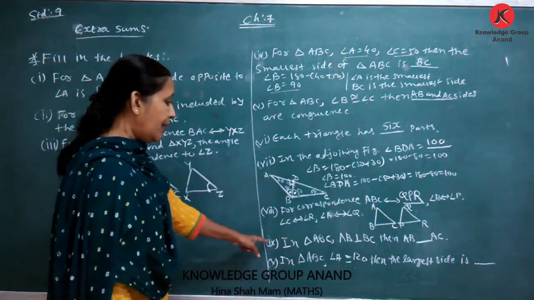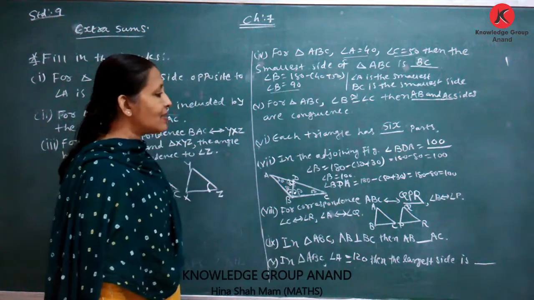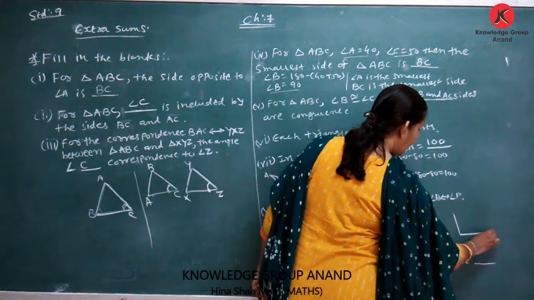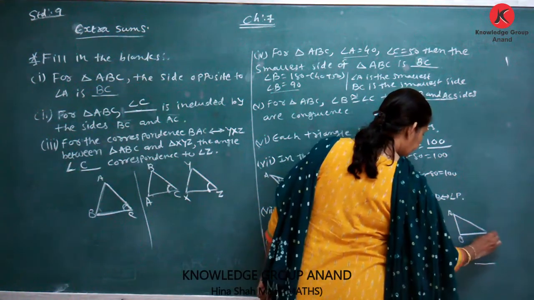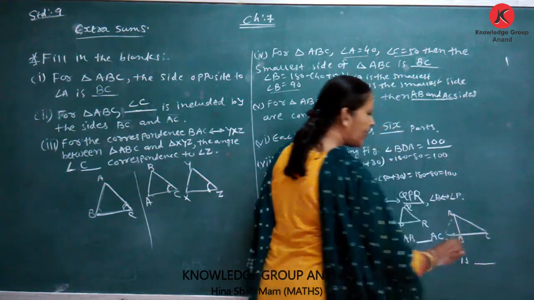Okay. In triangle ABC, AB perpendicular to AC. We know our last property.